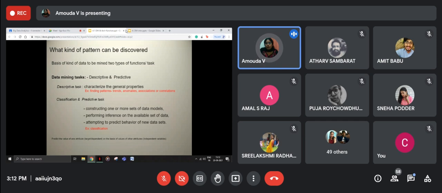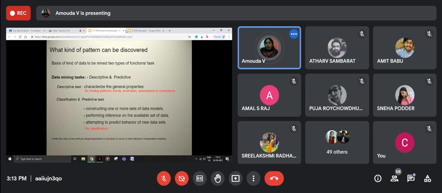Based on the kind of data to be mined, there are 2 types of functions or tasks. Sometimes I may say function, sometimes I may say task. Both are the same. So the basic data mining tasks we call descriptive and predictive.